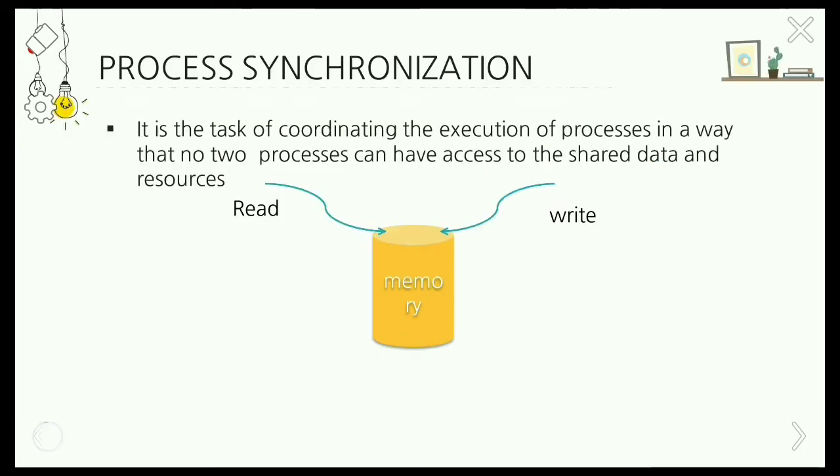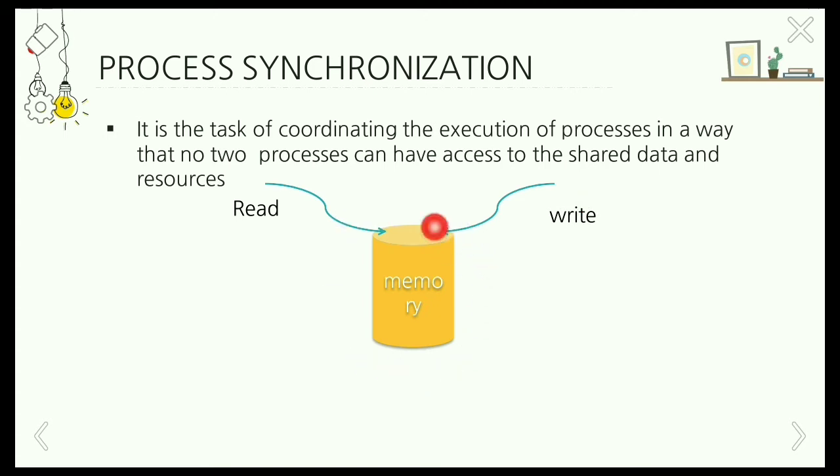That's why in process synchronization we allow only one process to access the resource. If we allow P1 first to access the memory, then after P1 performs the write operation, P2 is allowed to access the memory. So the processes access the memory in a synchronized manner: first P1, next P2.